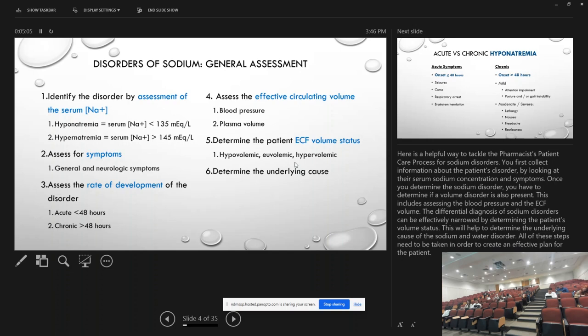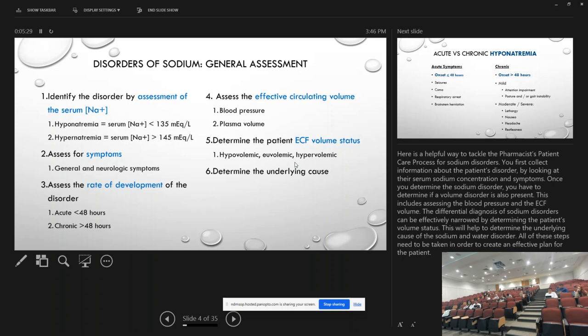Whenever you identify a sodium disorder, always think of the brain and symptoms that are related to the brain. Severe symptoms would be things like seizures and coma. And that's with the very high derangements of sodium levels. But always think of the brain with sodium, okay?